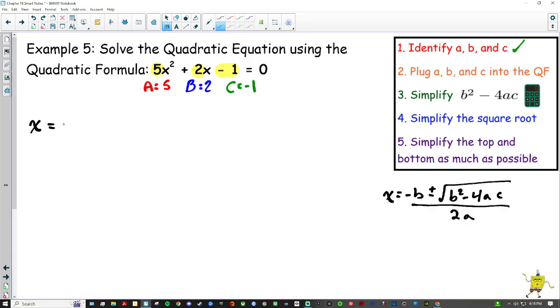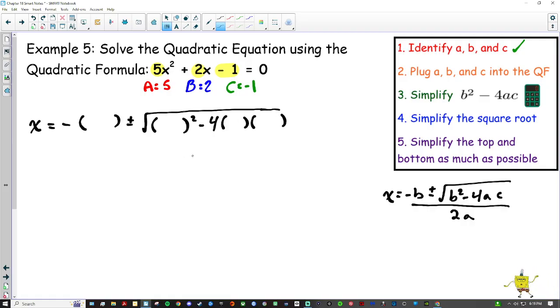So I have negative parentheses, plus or minus the square root, parentheses squared, minus 4ac, so parentheses, parentheses, all over 2 times a, so I'm going to put parentheses.